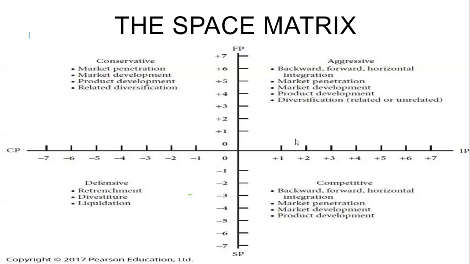That means that you are doing something right, and for that reason, you may also go ahead with all the batteries of strategies to seize the opportunities that exist out there, whilst capitalizing on your strengths that also exist in there. So that is the SPACE matrix.